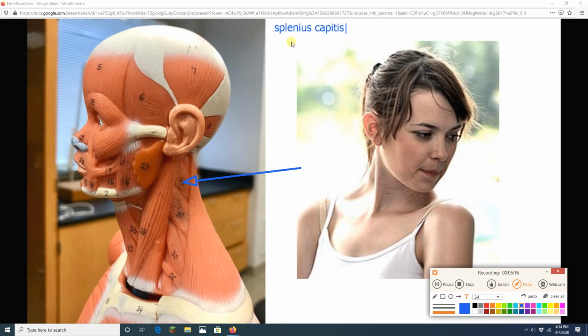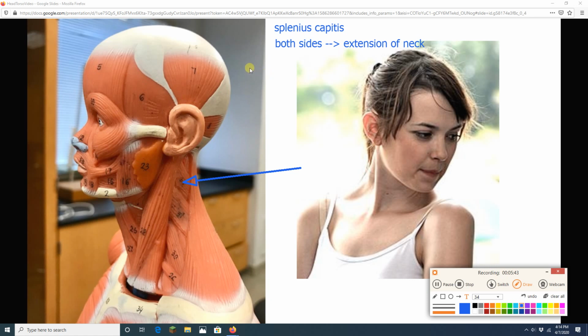Again, what this one does depends on whether both sides contract or just one side contracts. If both sides contract, it is going to cause extension of the neck. So flexion is bending your neck forward. Extension is bringing your neck back up to that straight anatomical position.